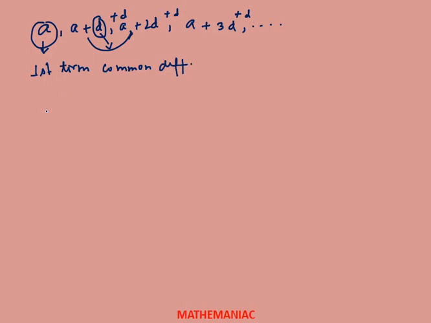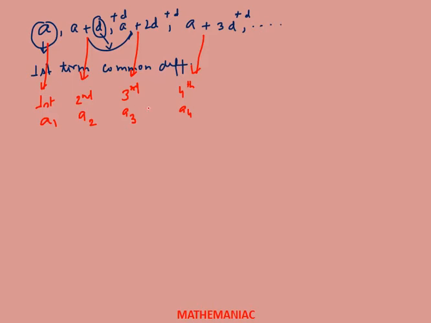Now, if you label them, you will find a very unique observation which will quickly give you the general term. If you call this the first term, this the second term, this the third term, this the fourth term, rather, you symbolize them as A1, A2, A3 and A4.